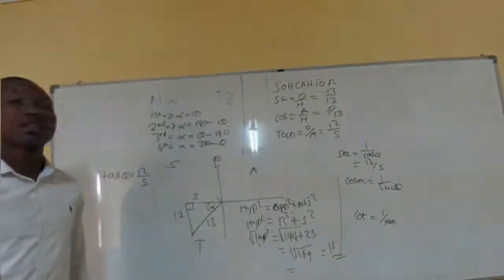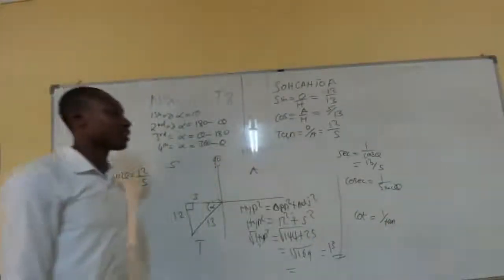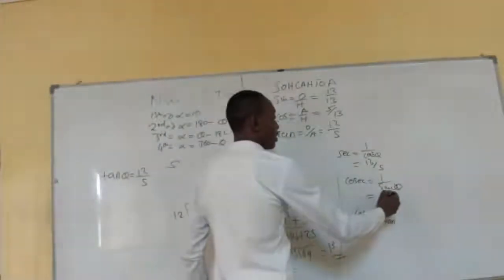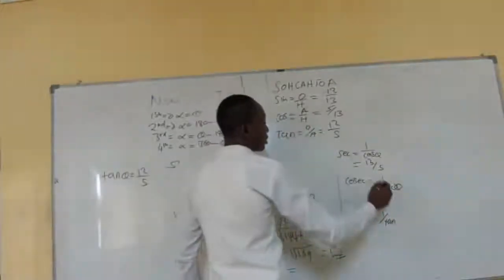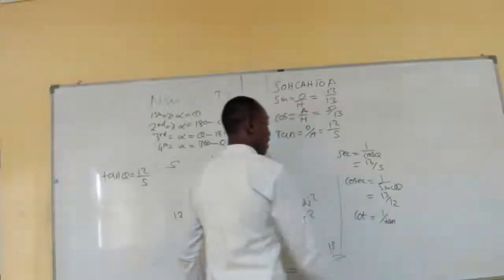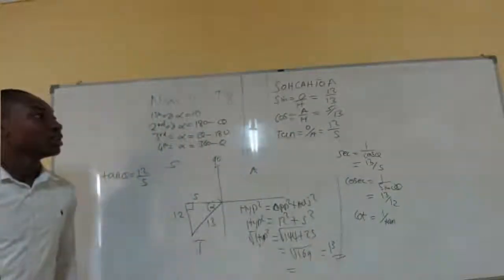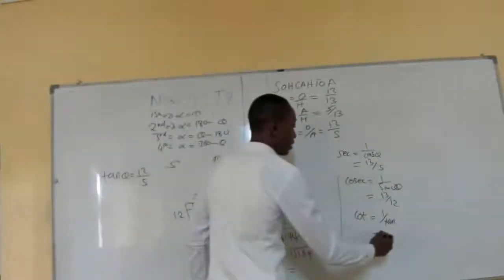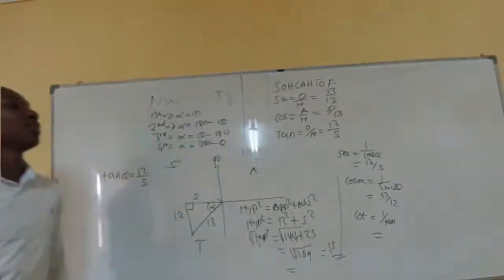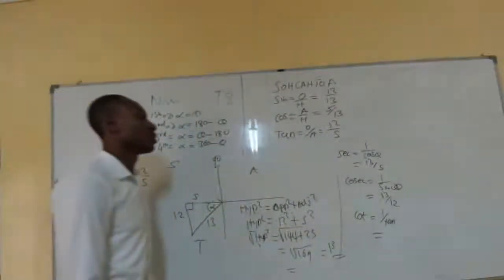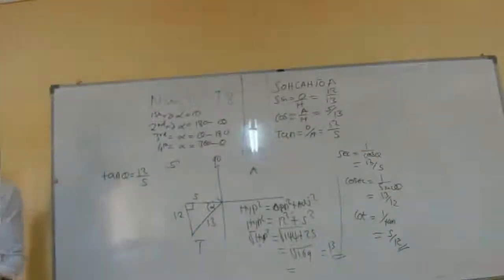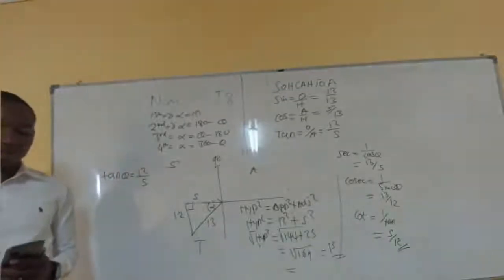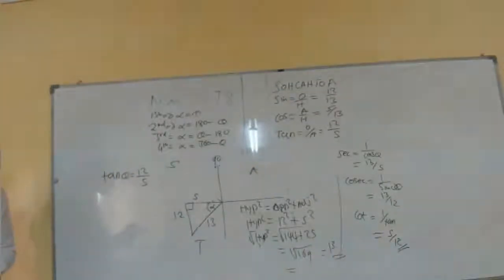Cosec is 1 over sine, so the flip of sine is 13 over 12. And the flip of tan is 5 over 12. That's just how you go about these questions.